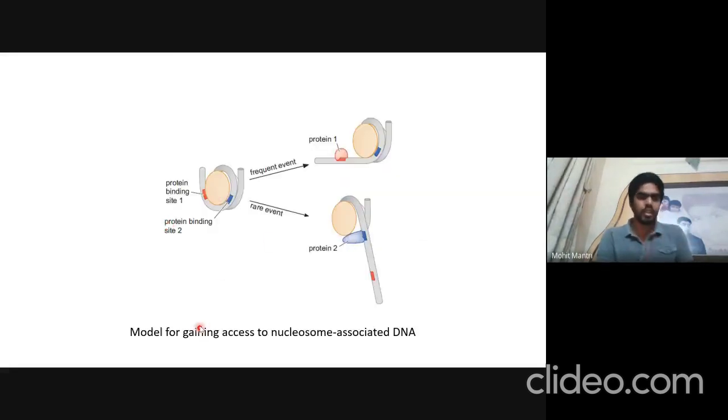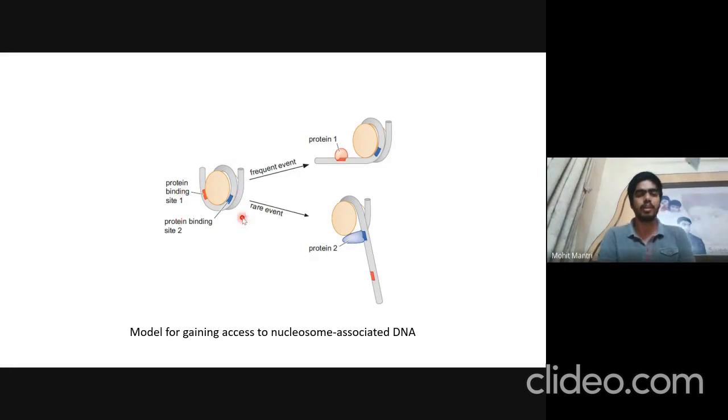Now, because the DNA is wrapped around the histone octamer in the form of nucleosomes, not all parts of the DNA are accessible to proteins.